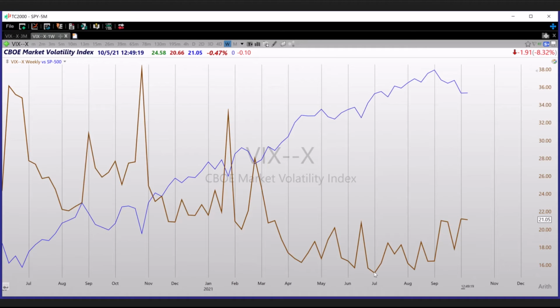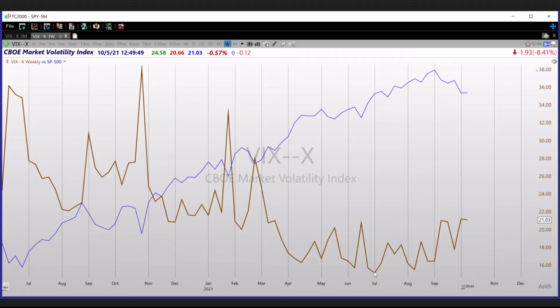One of the things that traders, or especially bigger investors, use as a hedge is they like to buy volatility when they think volatility is cheap, because that's a great protection. They're able to protect their equity exposure, because they know that if the market were to suddenly move down, they're going to see volatility increase.